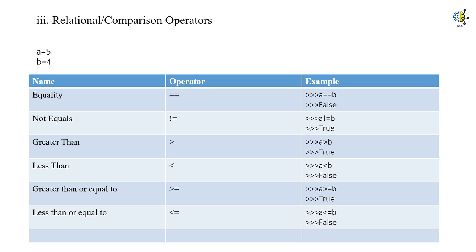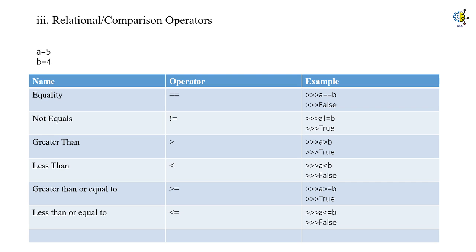The equality operator is marked by two equal signs. This will simply check if the two values of variables that you have passed are equal to each other or not. So for example, if you do a equals b, in this case it will result in false because the value of a is 5, b is 4, and hence they are not equal to each other.